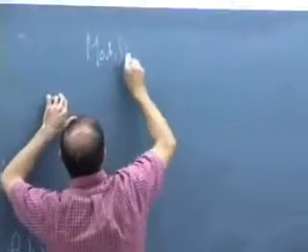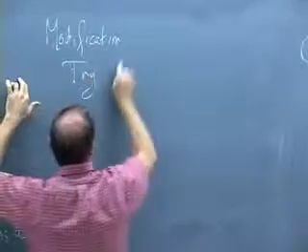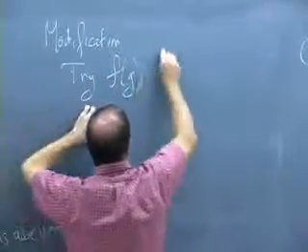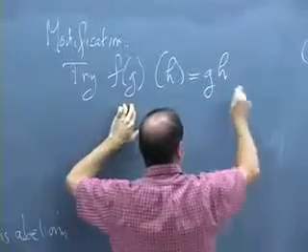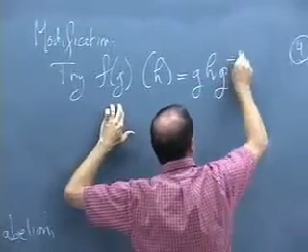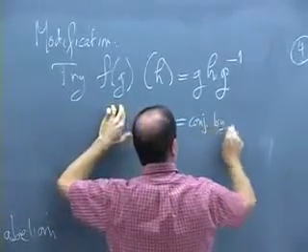Modification. Try f of g of h is multiply by g, but then multiply on the right by g inverse. Conjugation by g.